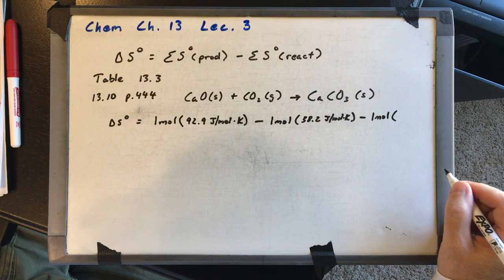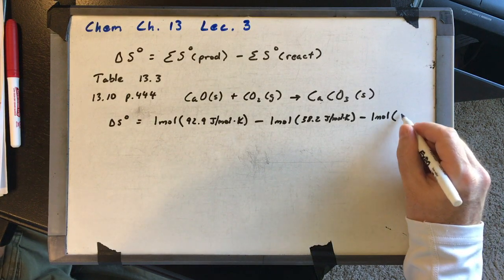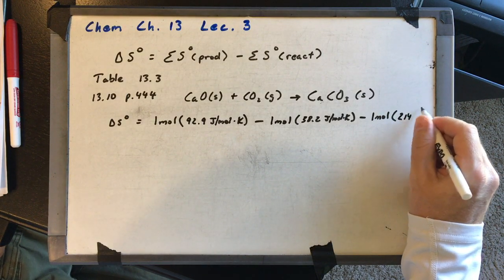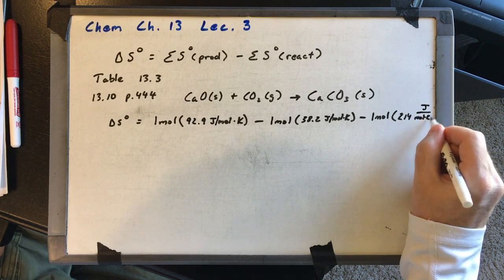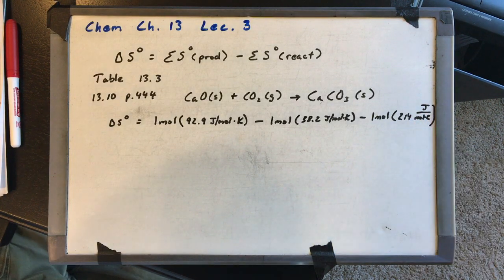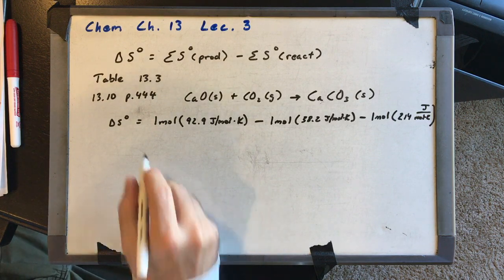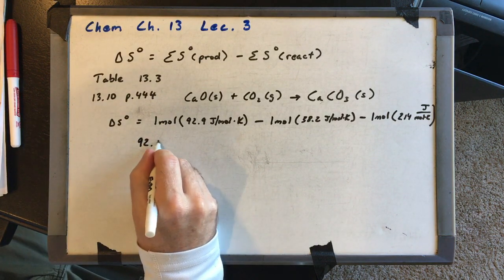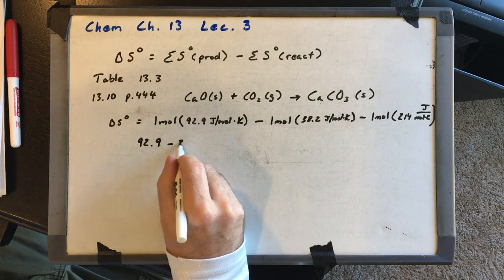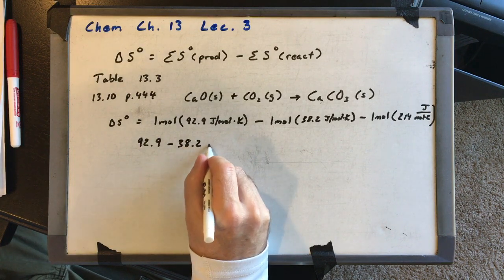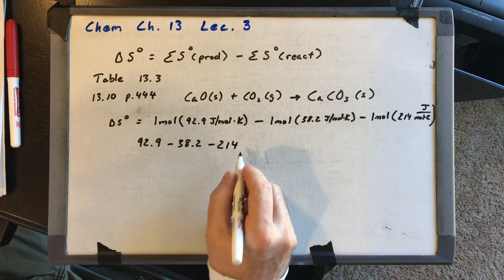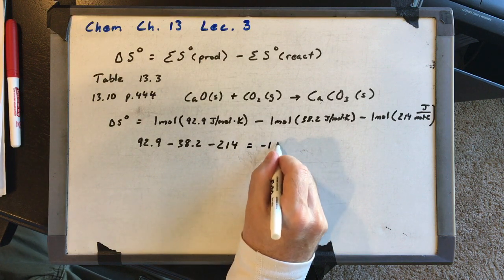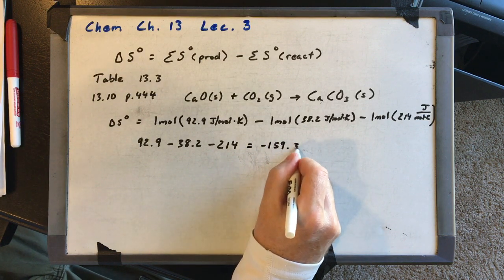The entropy of that is right above CaO. It's 214 joules per mole K. So that will be 92.9 minus 38.2 minus 214, which is negative 159.3.